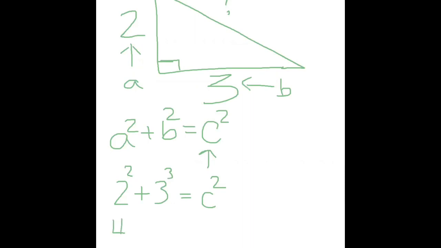So now I have 4 plus 9 equals c squared. 4 plus 9 is 13, and that's equal to c squared. But I want to know what c is. So to solve for c, I have to take the square root of both sides. And so c equals the square root of 13.